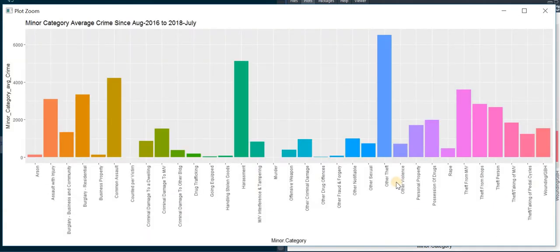Again, there's other theft, we don't know what other theft is, but also harassment, common assault, burglary residential, then theft from MV, which is quite high in the minor category.